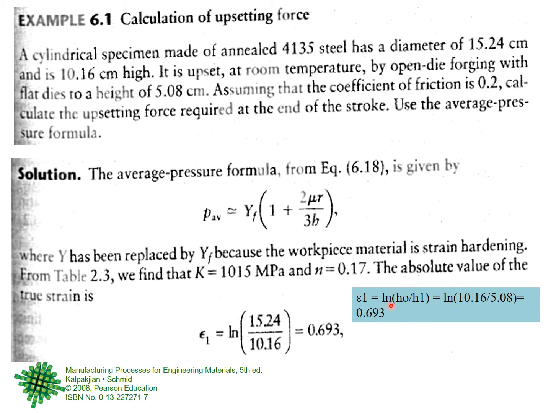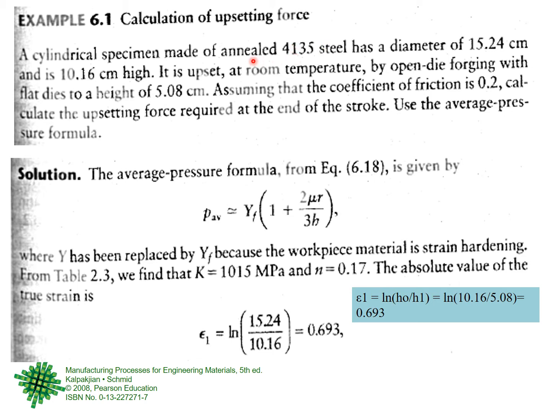This is the strain. Now in the book, chapter 2 we left out for you, because it was basic material science. But table 2.3 in the book is giving you the values of K and n for different materials. So you can go back to table 2.3 in your book, and you will see for your material, annealed 4135 steel, exactly this must be written, not just 4135 steel, because in different conditions the same steel has different values.